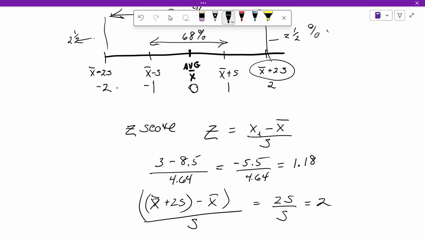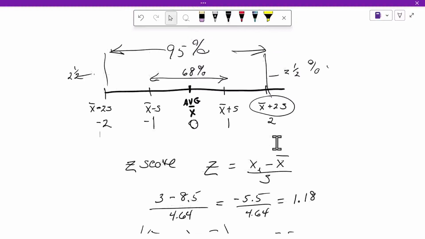And I can go from the observation, the average, and the standard deviation to a standardized score. So now, my empirical rule says that if I standardize things, 68% are going to be between minus 1 and 1. 95% are going to be between minus 2 and plus 2. This is the main bet.